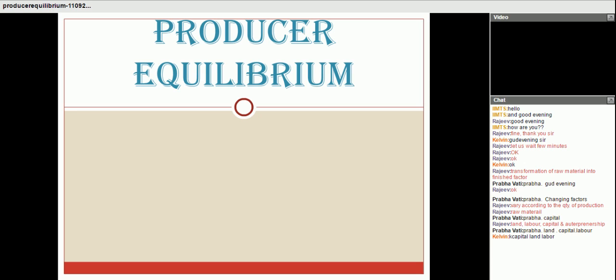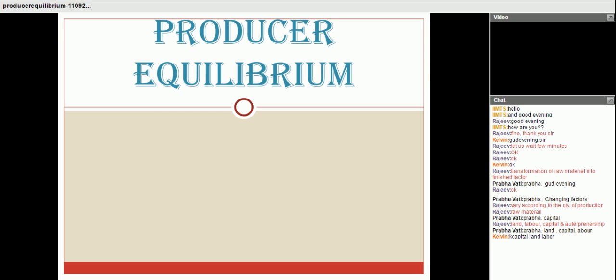Okay. Yes, that's correct. So out of these factors, labor is the only factor of production which we can vary in the short run. We can only increase the quantity of the labor available to us. Capital cannot be changed in the short run, and same as land. The land at our disposal will remain more or less the same.